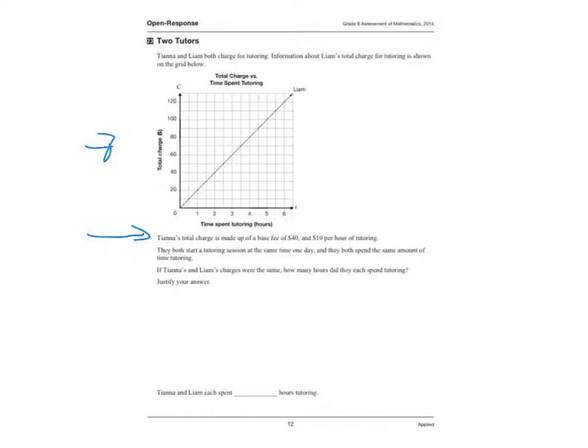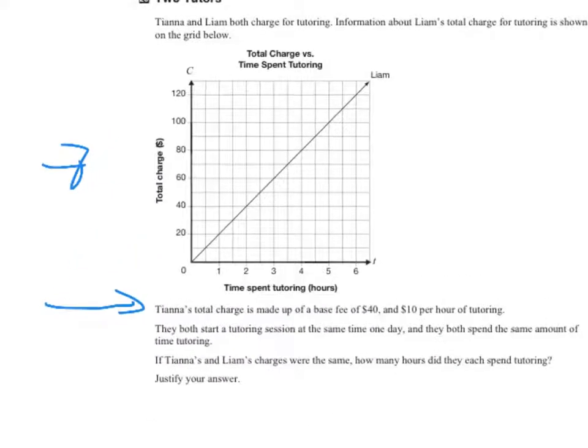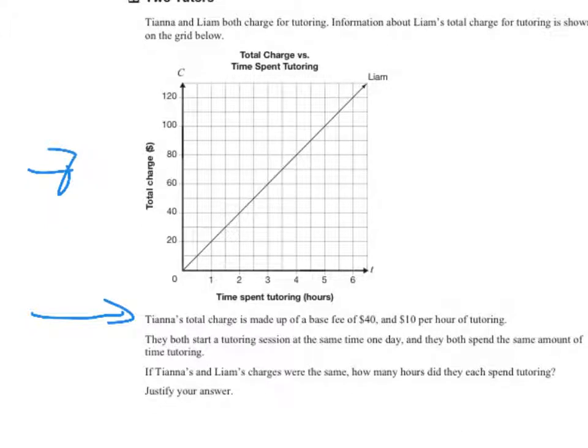So if we were to draw Tiana's graph, the line, where do the two lines intersect? So let's draw this. We see there's a base fee of $40, which means when x is equal to 0, y is equal to 40. So I'm going to draw that right there. $10 per hour. So at 1 hour, I'm going to go up $10.